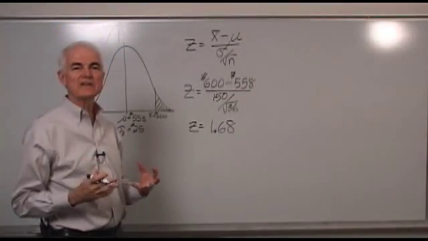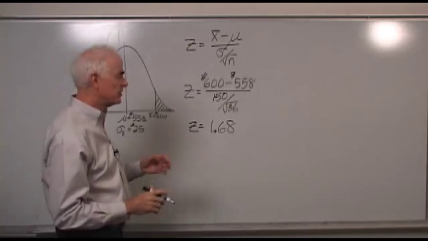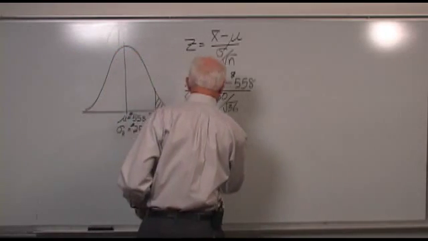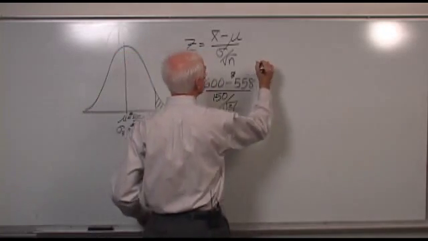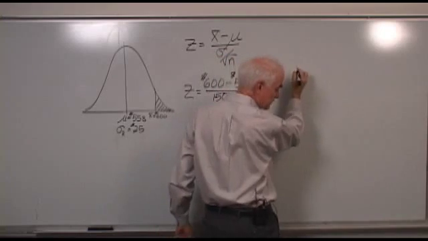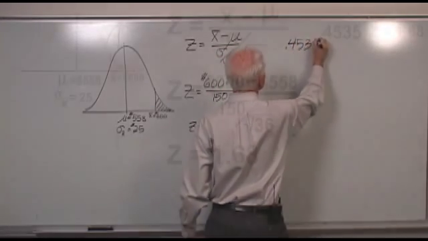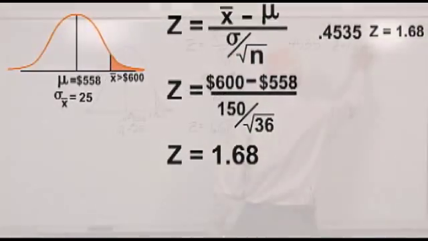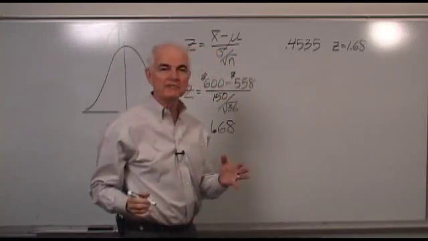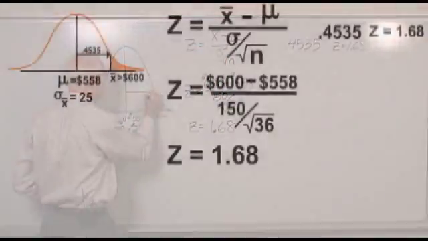Now we take this z-value of 1.68 and go to our standard normal z-table to see the probability. When you look up a z of 1.68, you get a value of .4535. The .4535 in our standard normal table is this piece right in here.